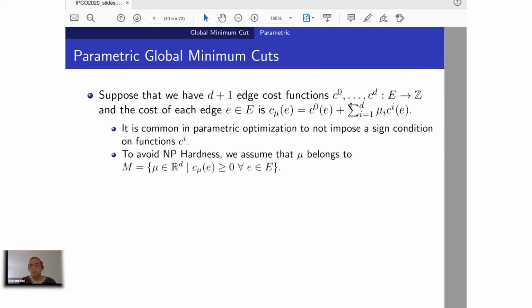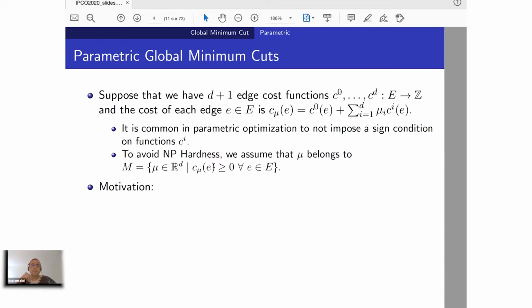But in order to avoid NP-hardness, we assume that all the edge costs belong to a polytope where the edge costs are non-negative. So it is an intersection of all the sets where c mu of e is non-negative.